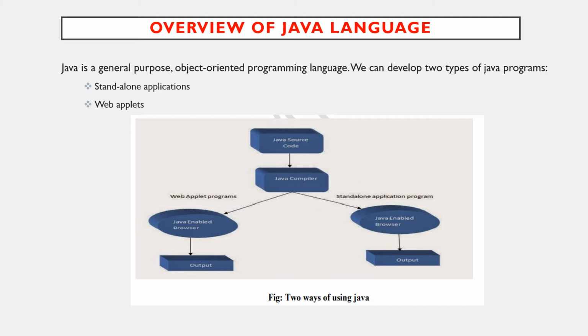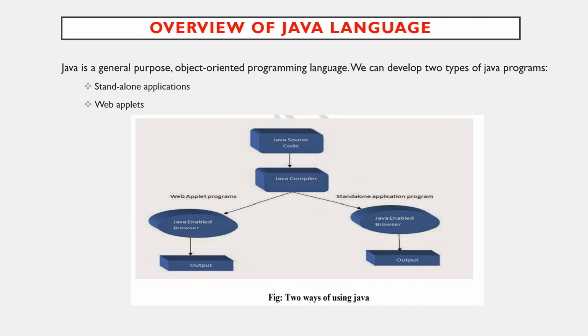Second, executing the bytecode program using the Java interpreter. These are the two steps used for executing a standalone Java program.